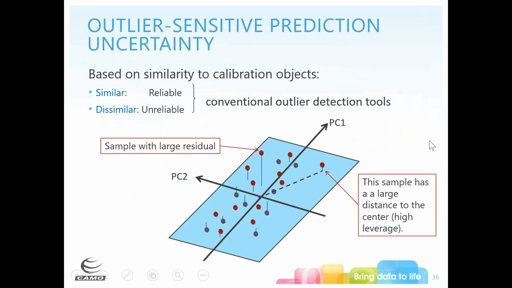If something is very far away from the center and has a high residual, very far out of that plane, then that's a huge indication that it is an outlier, and you either need to retest it or remove that sample from your production line or just from your data analysis. Just know that that's not a good sample.